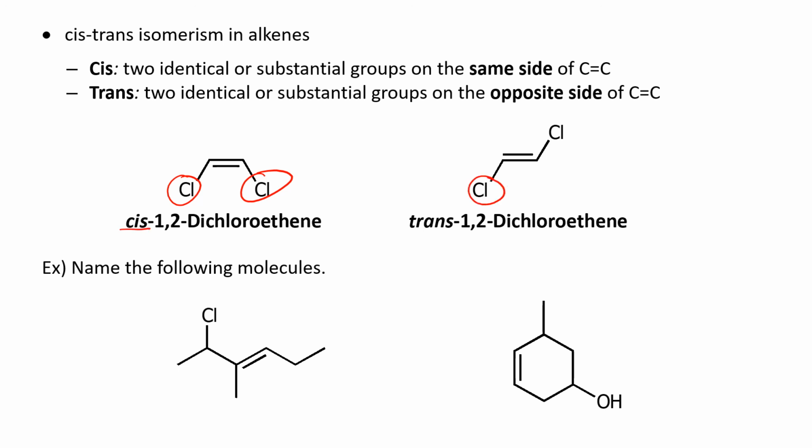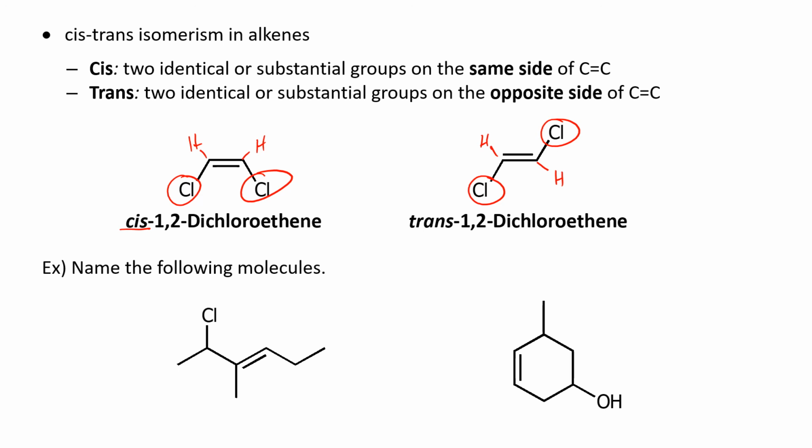If our chlorines are on opposite sides, so we've got hydrogens here, that's a trans. Because these molecules are not the same. They have different properties. Therefore, they should not have the same name. It's a different spatial arrangement.